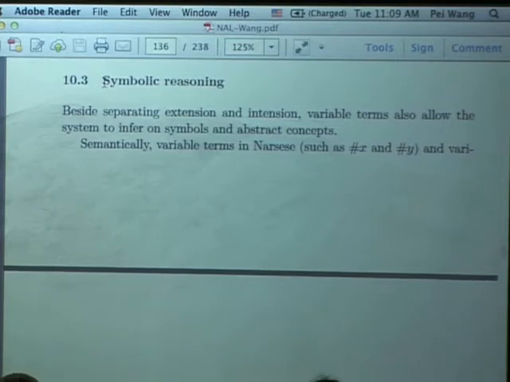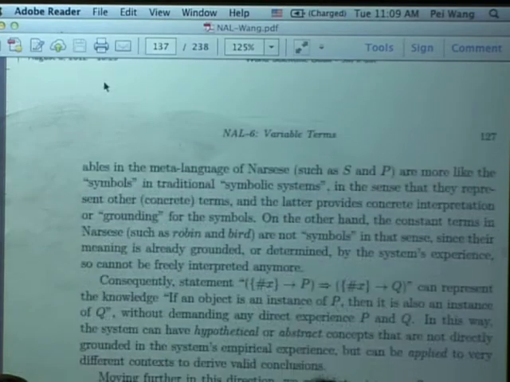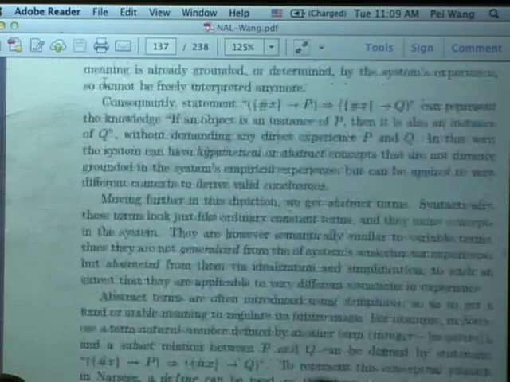Idealize the situation, which you never experience, but you can think about. So you can talk about concepts like a point or a line, which ideally, you never see. But as far as you can say, if such a thing has a certain property, and so on, you can build that kind of concept in the system. So that's the discussion I have about symbolic reasoning in this part.